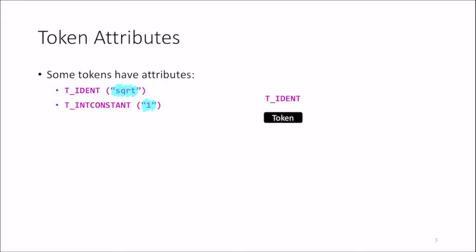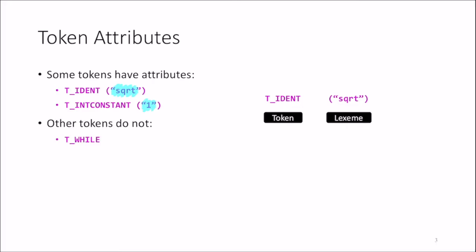The identifier name is called the token, or the token name, and the value that you get from matching it for a particular program is the lexeme. So in this particular case, we've identified sqrt as a sequence of characters that's a lexeme for the token called t_ident, which stands for an identifier.